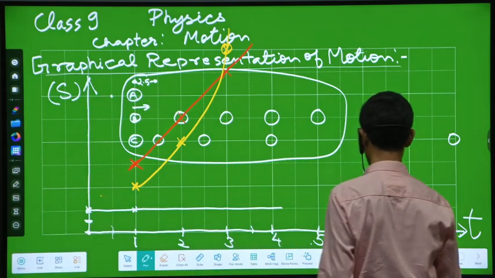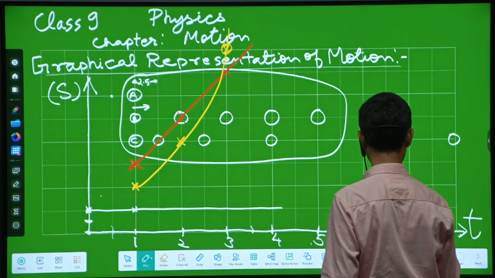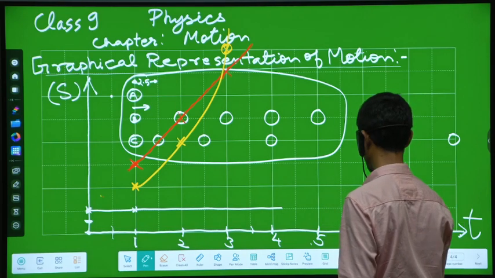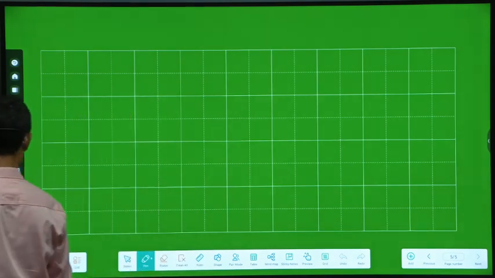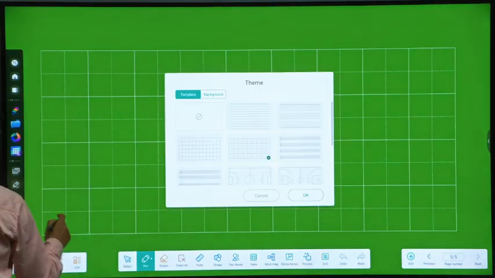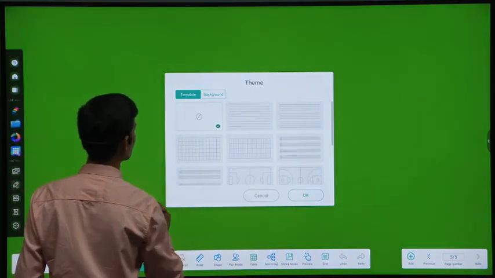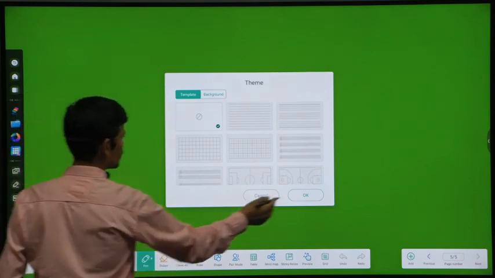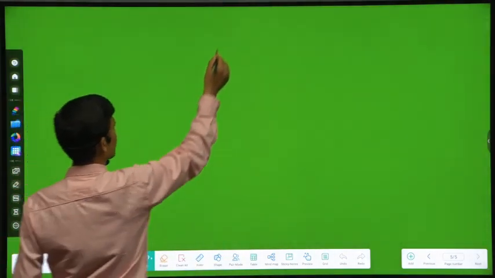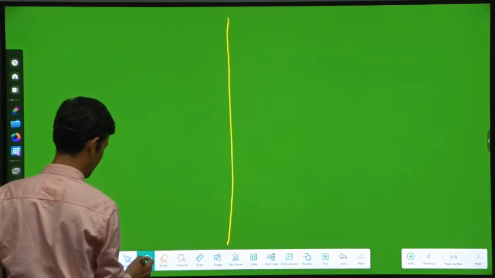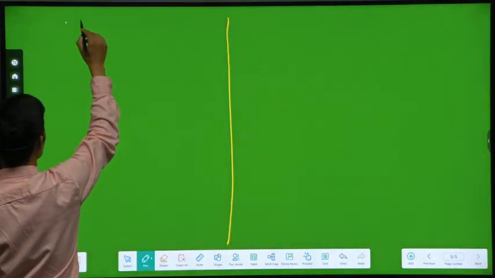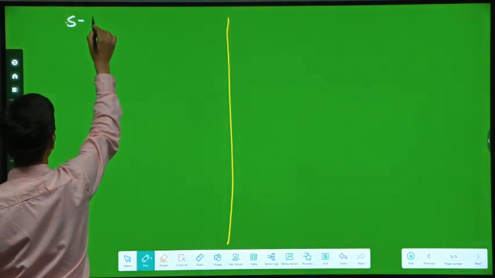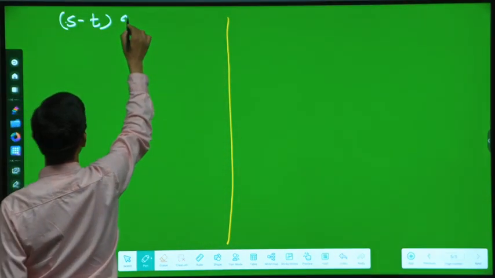Let me summarize all of these in a blank page. ST graph.